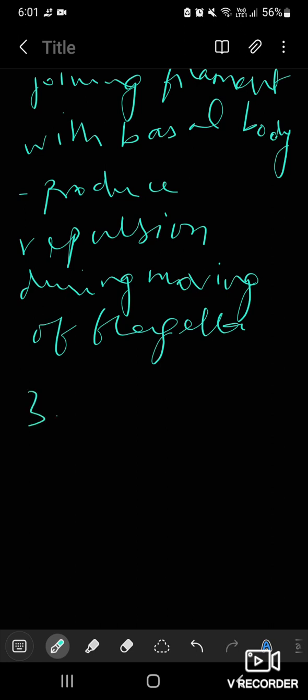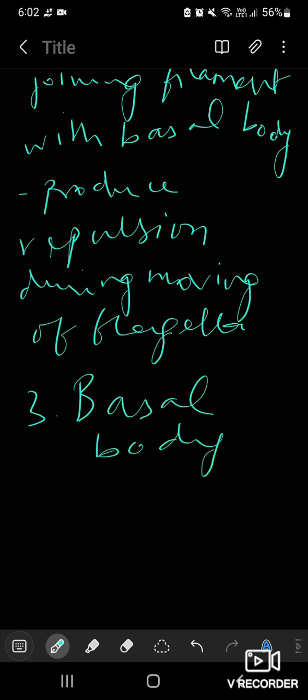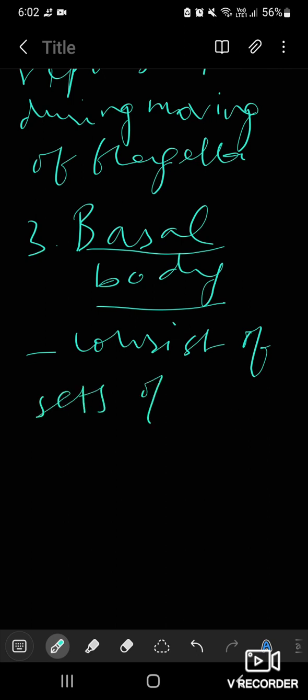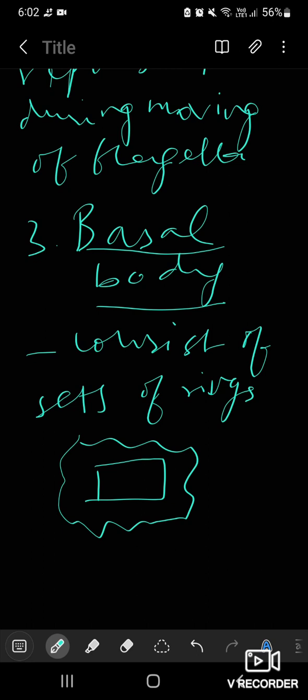Okay, so next, basal body. So they consist of sets of rings, and these are embedded in the cell wall and the plasma membrane. So they are inside the cell wall. So let's say this is the bacteria.